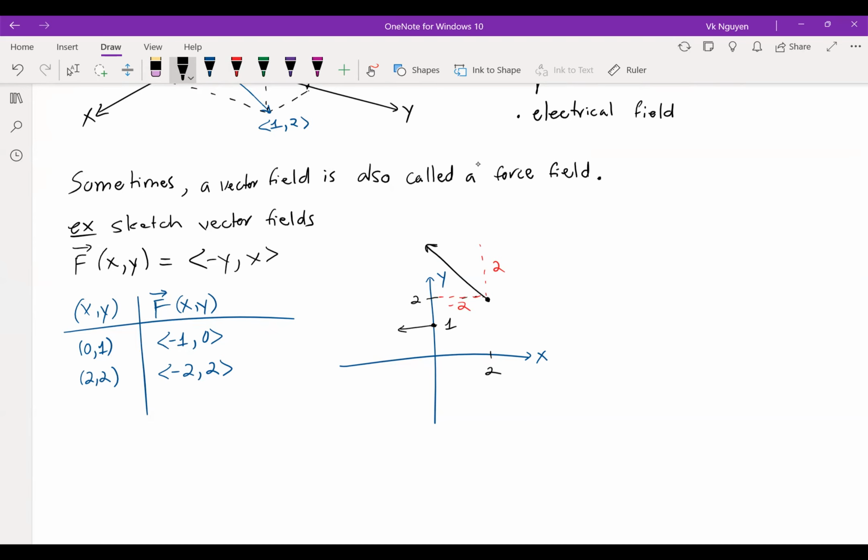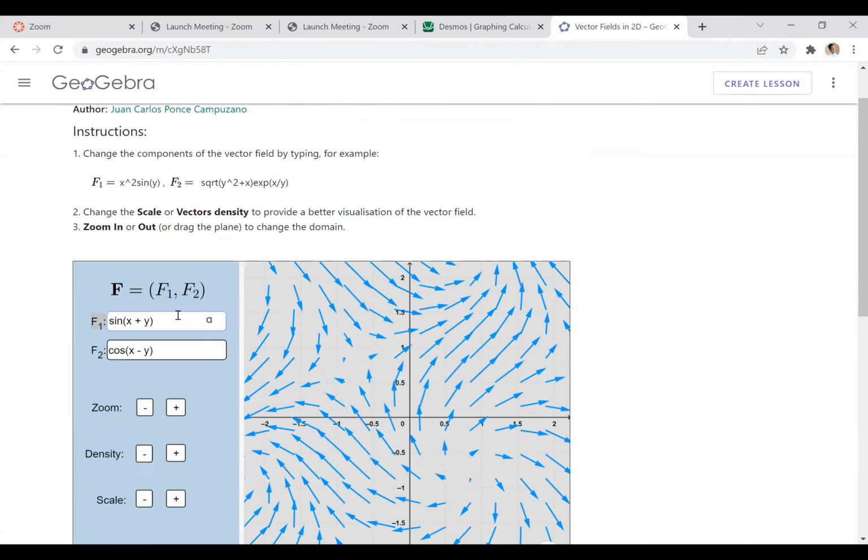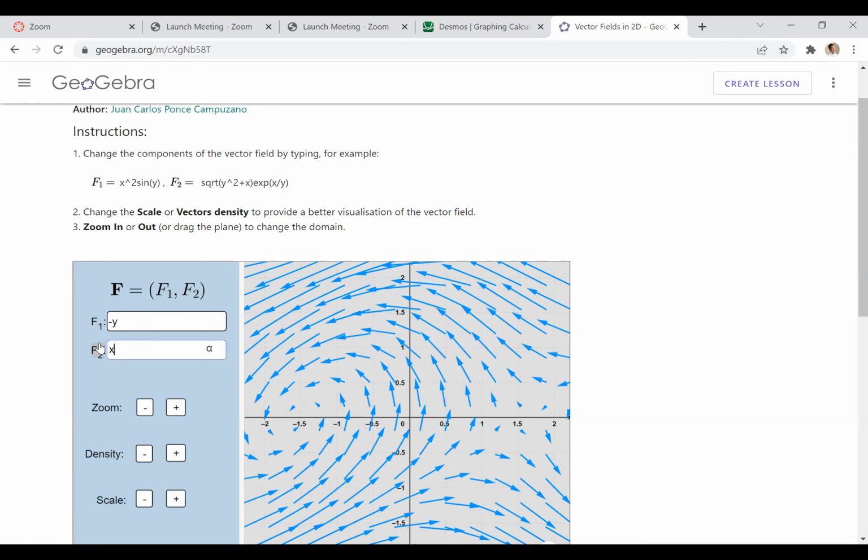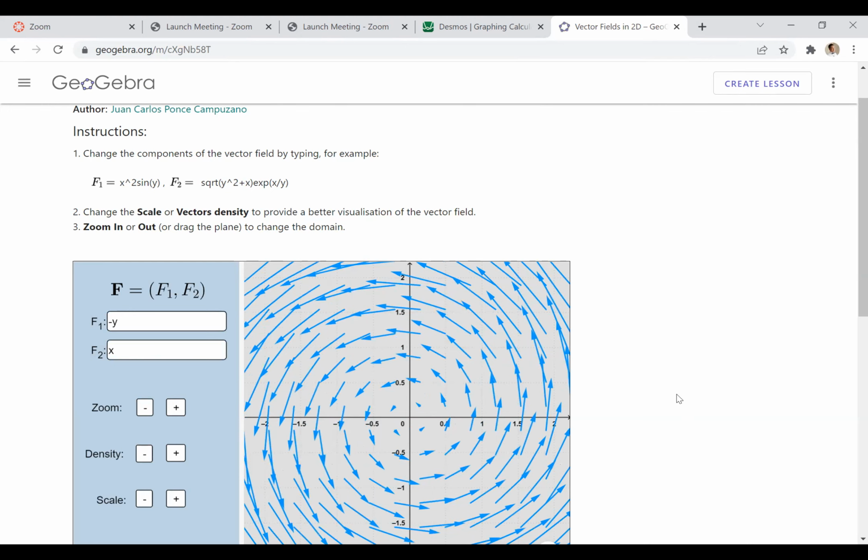As for the vector field, we just use GeoGebra, right? Negative y, and the other one is x. Oh, wow. Look at this thing here. Pretty nice, huh?